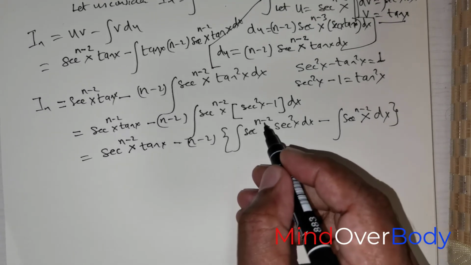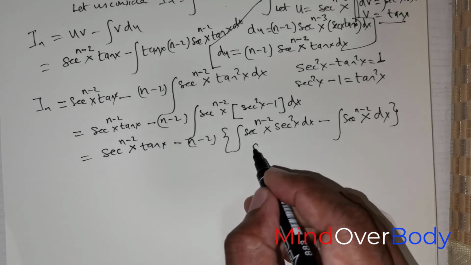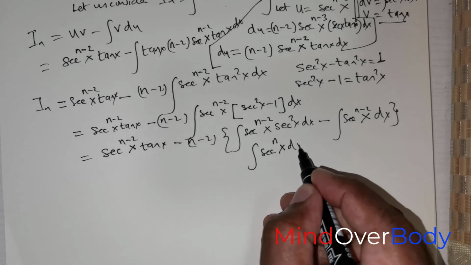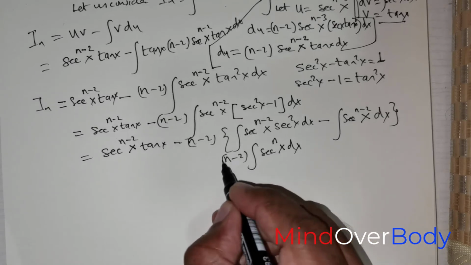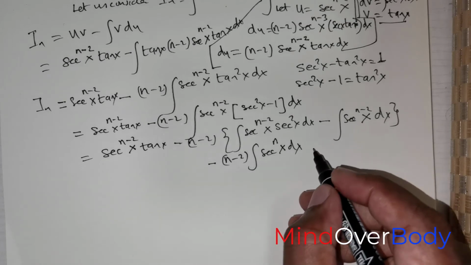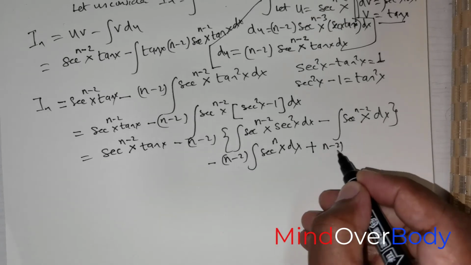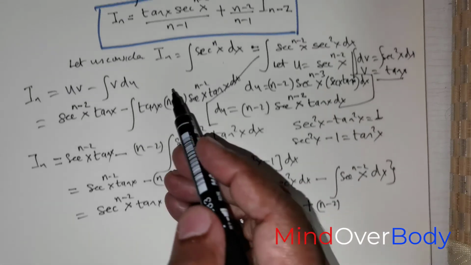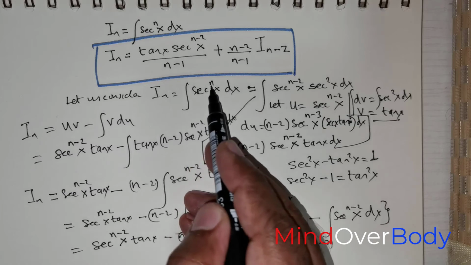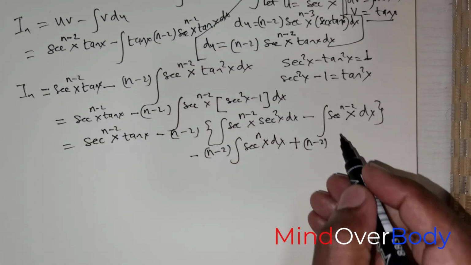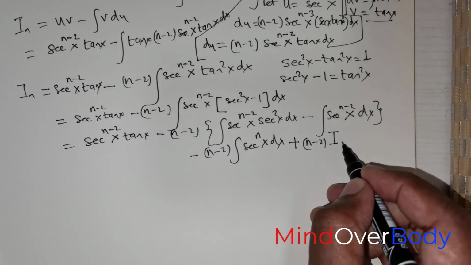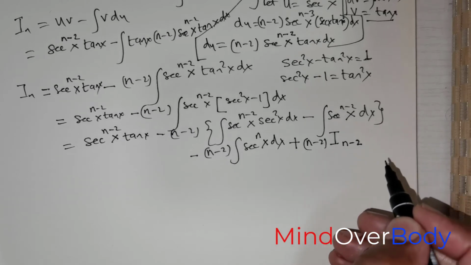Now n minus 2 and a 2 is there, so that would give us secant raised to the power of n x dx with n minus 2. There is a negative sign here, and if I bring this negative sign inside, this is going to be positive n minus 2 times. Now we have taken I_n to be integral secant raised to the power of n x dx. So in this case this is going to be n minus 2 times I_{n-2}.